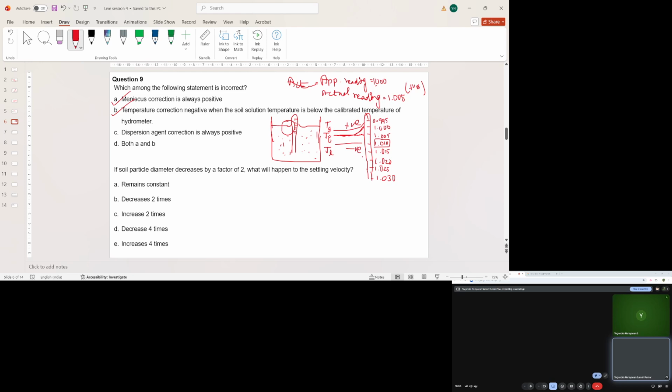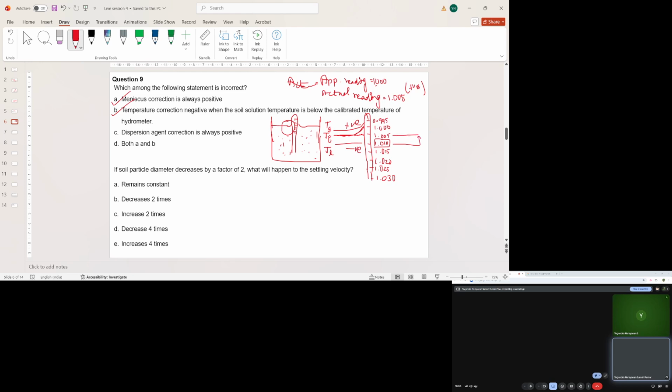As time progresses, the hydrometer tends to dip as the particles settle, right? So it tends to dip, and if the density of the fluid is more, it tends to dip more. So the reading which you see due to the dispersion agent is this one, and the actual reading should be this.